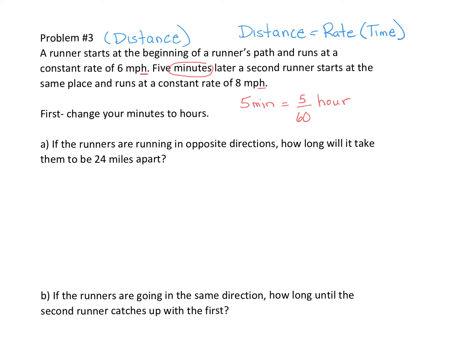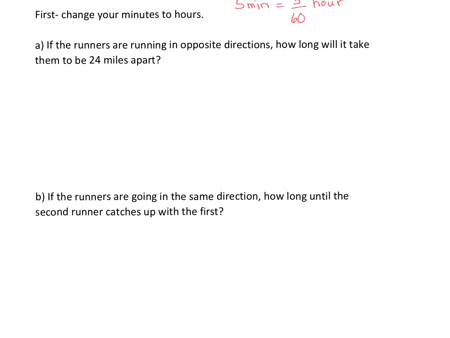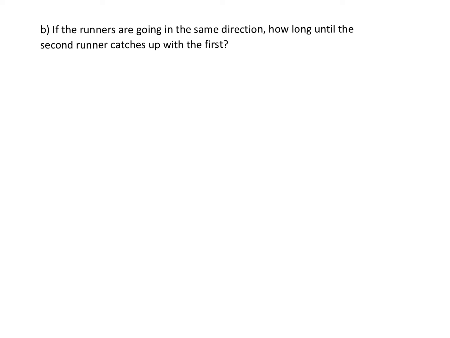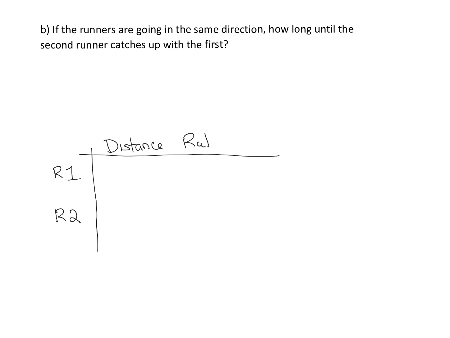So when I'm doing this kind of problem, I like to do a table. So I'm going to go to the bottom of the page here, and I'm going to make a table. And that table is going to be a distance, rate, time table. So I'm going to have runner number 1 and runner number 2, and we'll have distance, we'll have rate, and we'll have time in hours.